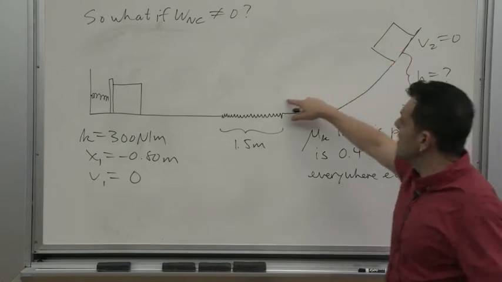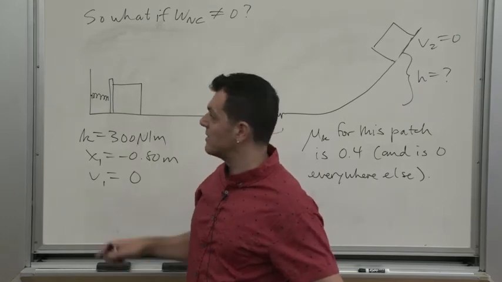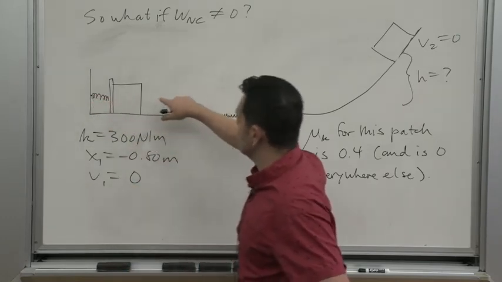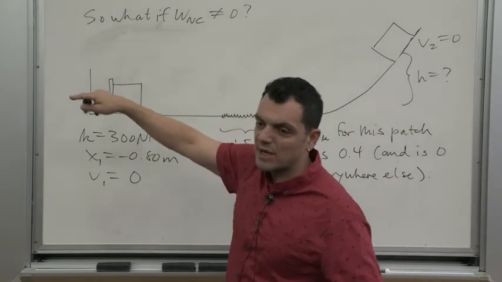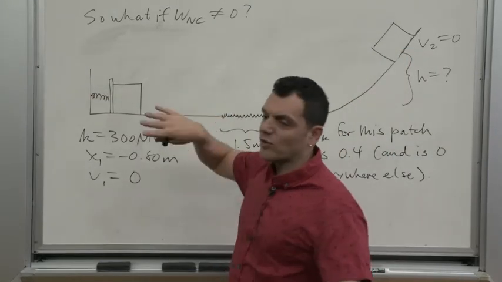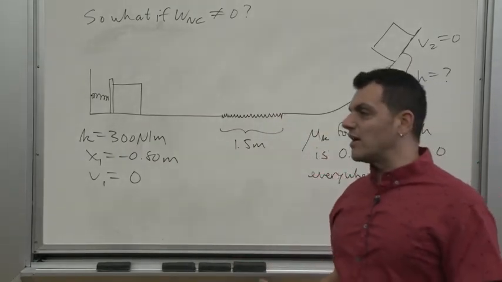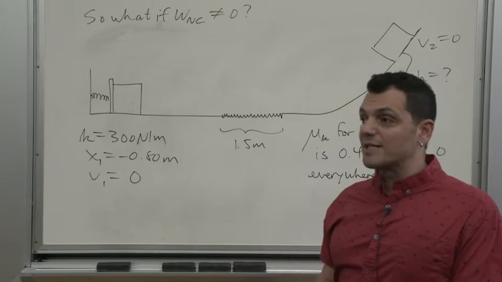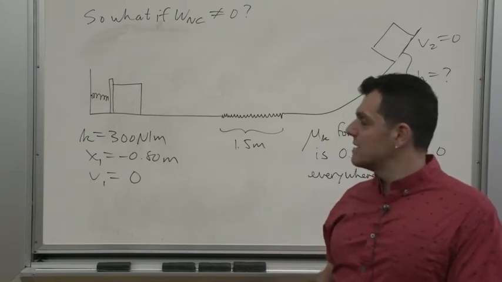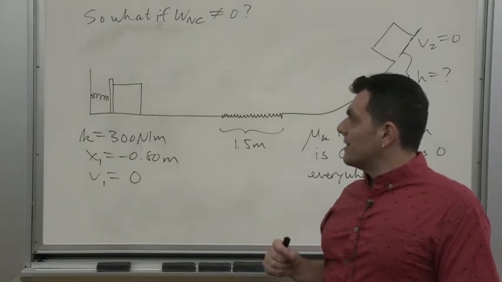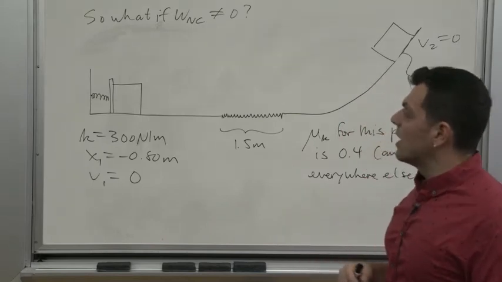It's going to hit this spring and cause the spring to compress by 80 centimeters. Then it's going to leave the spring, go back up to 0.98 meters, come back down, compress the spring, back and forth forever and ever. This would go on forever if there were indeed no friction, no air resistance, nothing. If the only forces doing work on this mass were the spring and the gravitational force, it would go on forever.